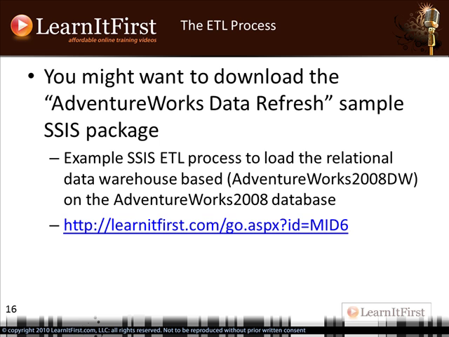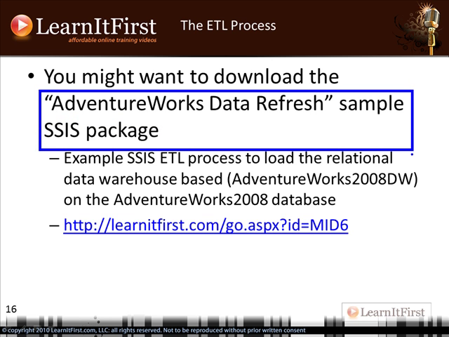Now, in the next video, we're going to make an SSIS package. We're going to talk about the various ways of performing ETL. And one of the things I'm going to show you is the AdventureWorks Data Refresh sample package. Okay? This actually will build the relational data warehouse based on the AdventureWorks 2008 database.